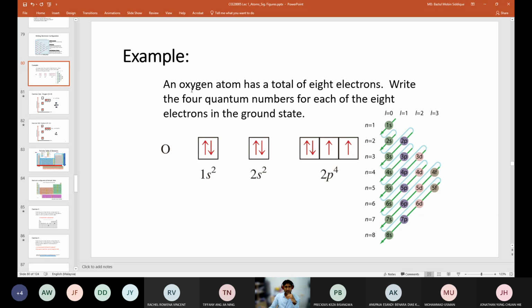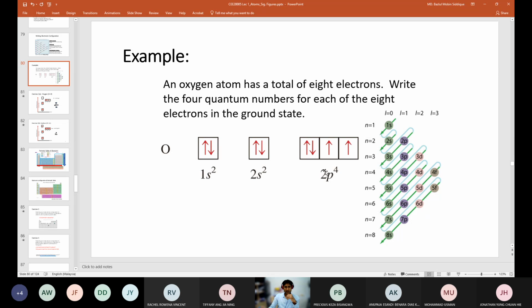But first, a reflection from yesterday's class: how do we do the electronic configuration for an atom? How do we fill up the orbitals with electrons?